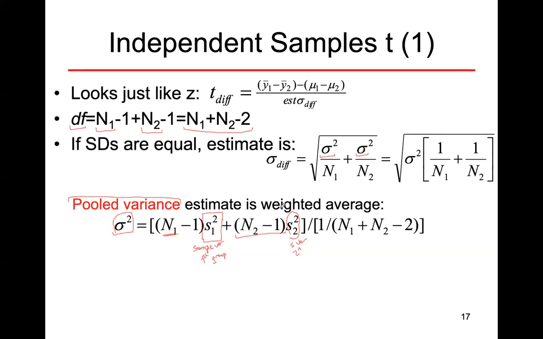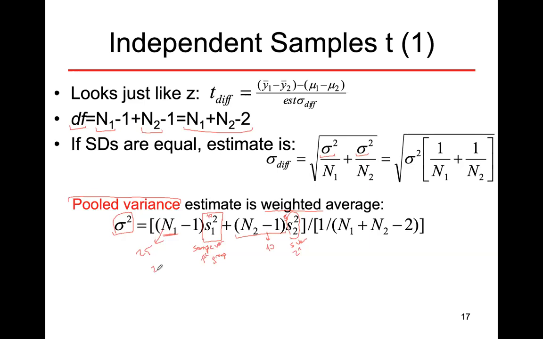I have some kind of a weighted average. Why weighted? If I have 25 people here and 10 people here, the variances will be affected accordingly, right? For example, S1 squared is 10, S2 squared is 5, and there are 15 people here.